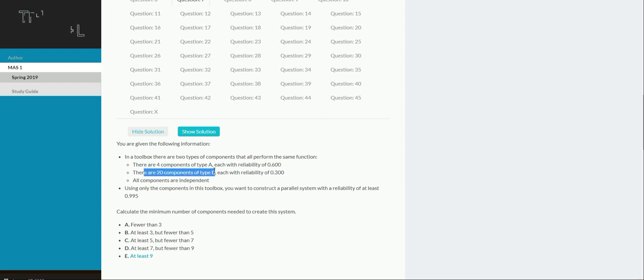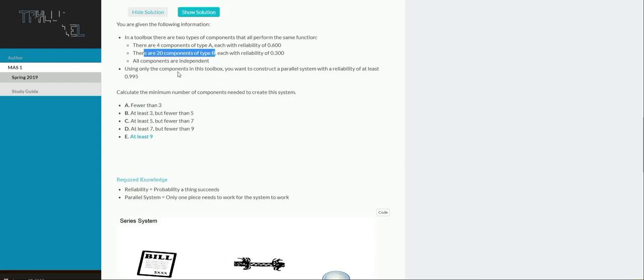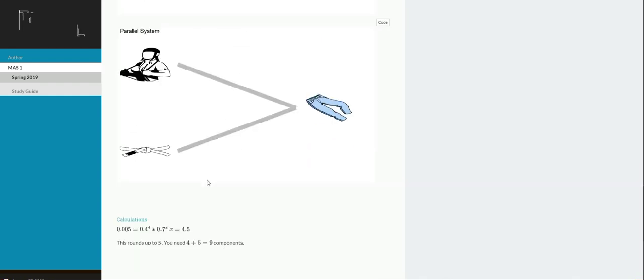But the fact that there are type B components, I chose to assume that chances are I'm going to need at least 5 components. If I'm wrong, I can go back and test that, but I figured it was a safe assumption. So I jumped straight to the probability that those better components fail, which is 0.4, because that's 1 minus the 0.6 probability of success. There's 4 of them, and since they're independent, you can just multiply those probabilities. So that's the probability of all 4 of those things failing.